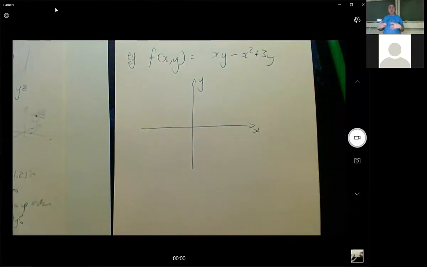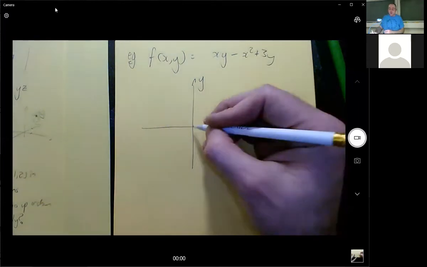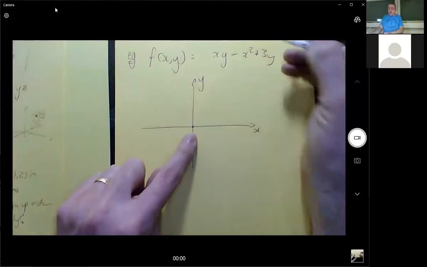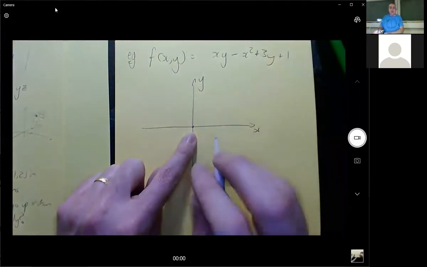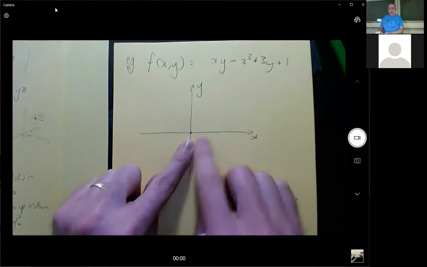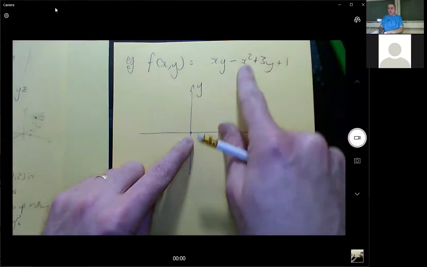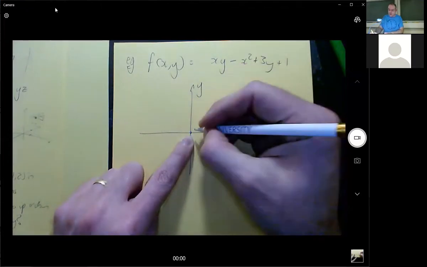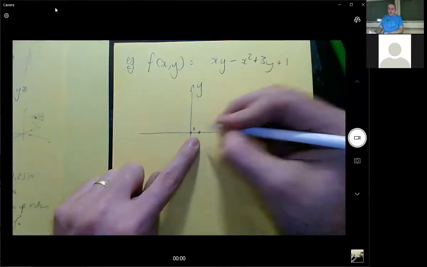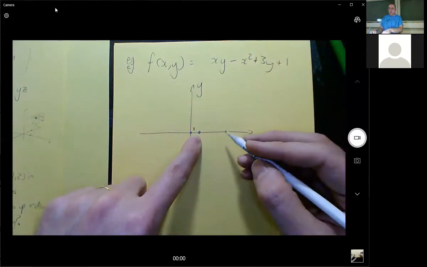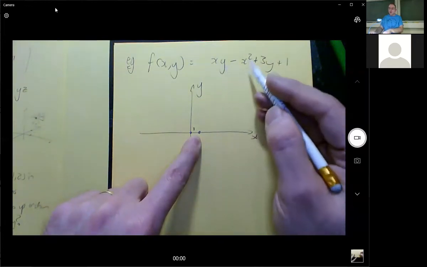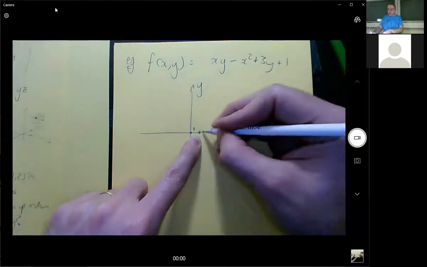So I could, if I wanted to, calculate these points, and I will do it for a few of them. When x and y are both 0 at this point, I get 0 times 0 minus 0 squared plus 3 times 0 plus 1, and the answer here is 1. And here at the point 0, 1: 0 times 1 minus 0 squared plus 3 times 1 plus 1, the answer is 4.